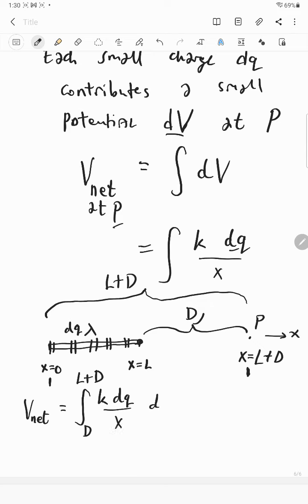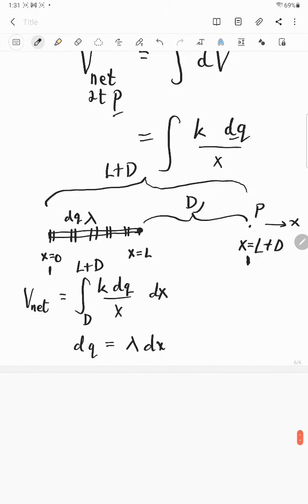So I'll put the distance x, and I'm going to integrate along those x values. When you do this, dq is lambda dx.